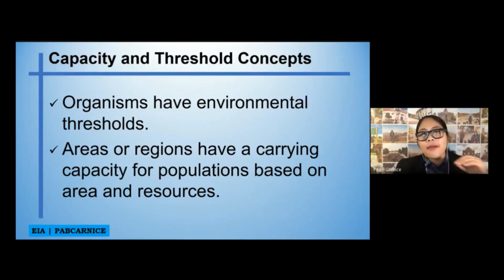And then, since we can calculate the assimilative capacity, we can also calculate the maximum threshold of the capacity that it can hold or assimilate of a certain pollutant. In that specific case, you can be allowed to pollute.